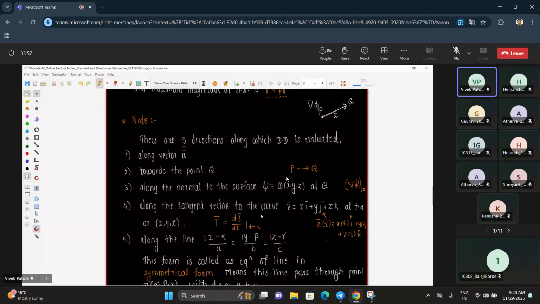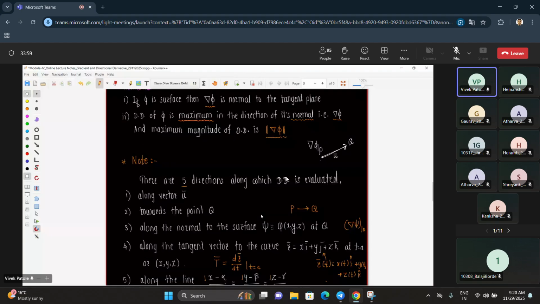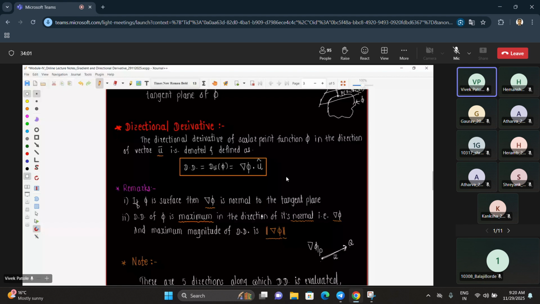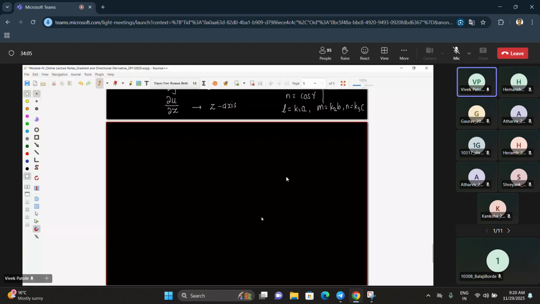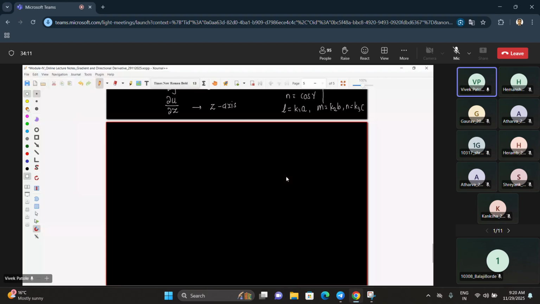So this is the theory regarding gradient and directional derivatives. Now we will go for solving examples. I will first discuss a simple example of how to evaluate the gradient for a given function, and then we will go to direction ratios.